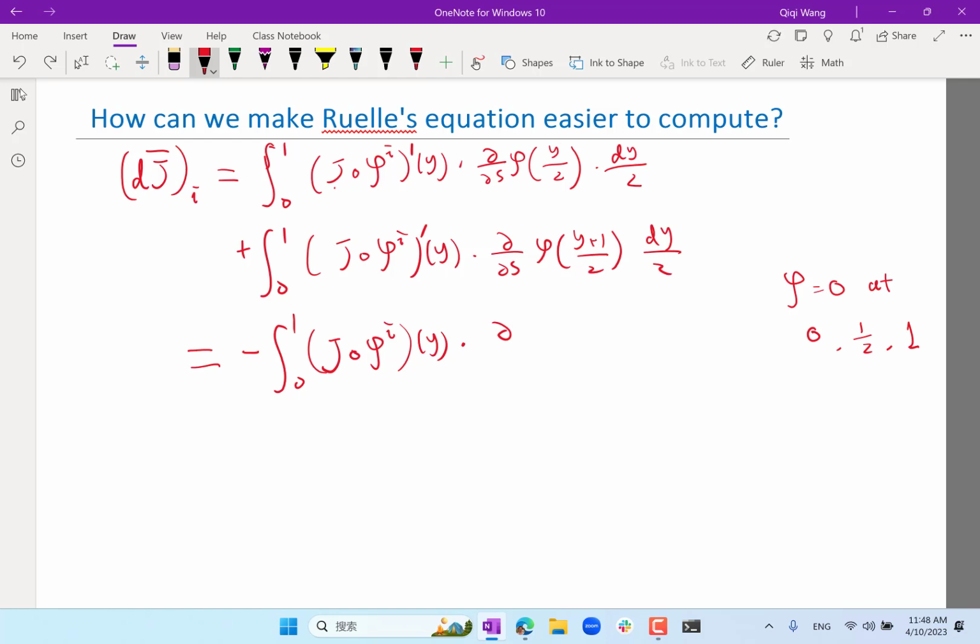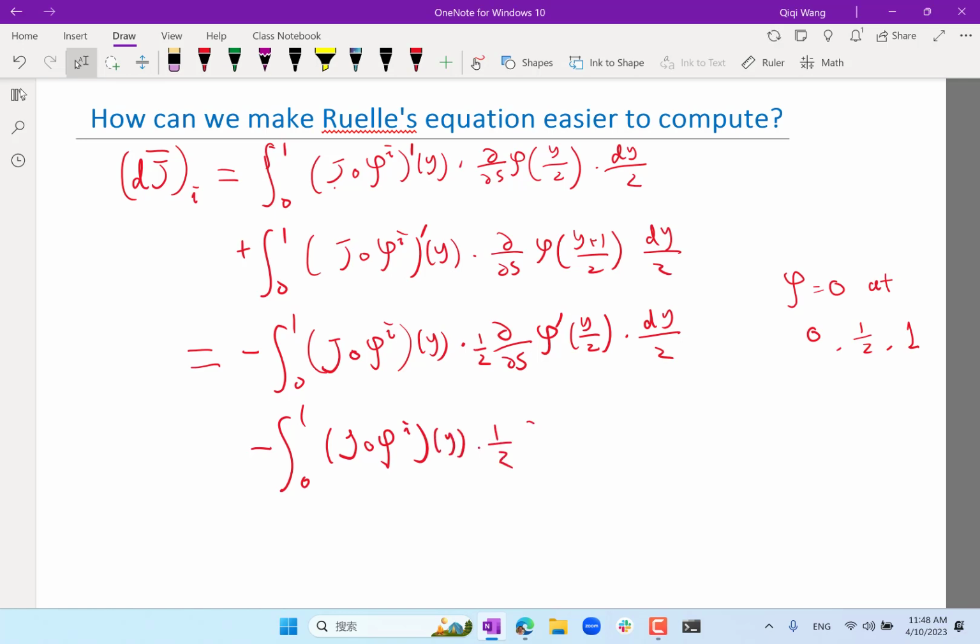So partial s of phi prime at y over 2, and there is a half coming out because of the chain rule, times dy over 2. Is it clear that integration by parts works? And then the other term is exactly the same, but this part is different: y plus 1 over 2, and dy over 2.